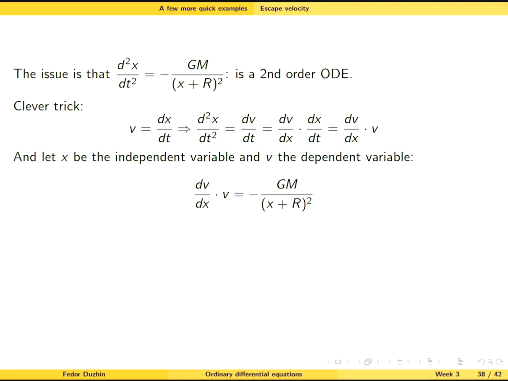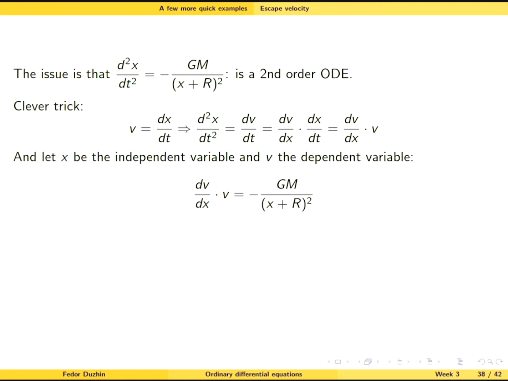So note that this trick, in principle, is applicable whenever we have an equation where the left-hand side is the second derivative of the unknown function, and the right-hand side is any expression containing the unknown function and its first derivative, but no independent variable t. We were able to do it because there is no independent variable explicitly present in the equation.